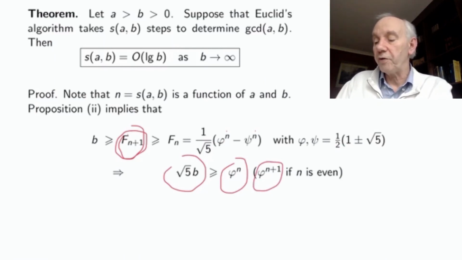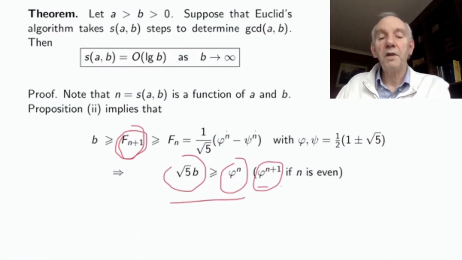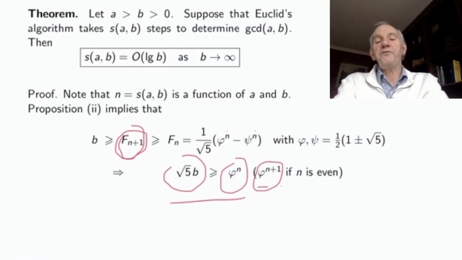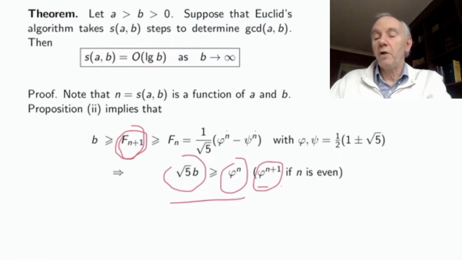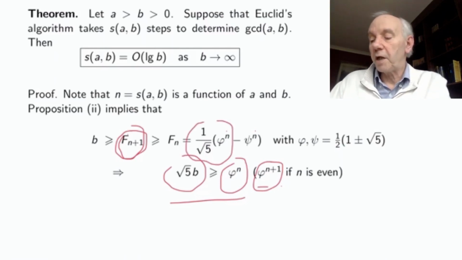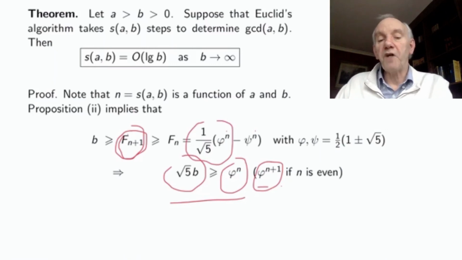If this is true, this is going to be true as well. So in all cases, f_{n+1} is greater than or equal to 1 over root 5 times phi to the n. So root 5 times b is greater than or equal to phi to the n.